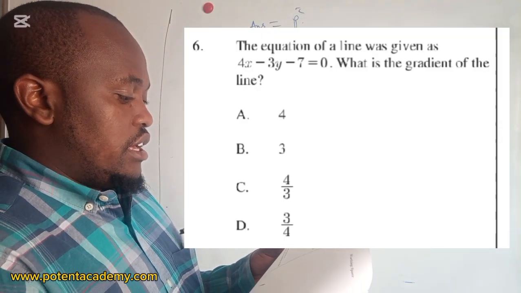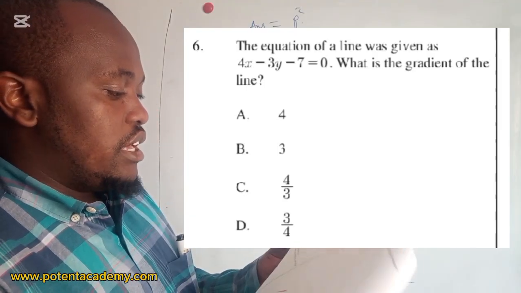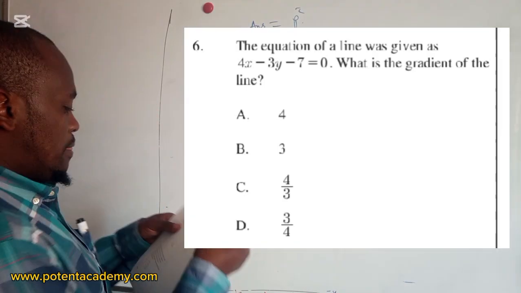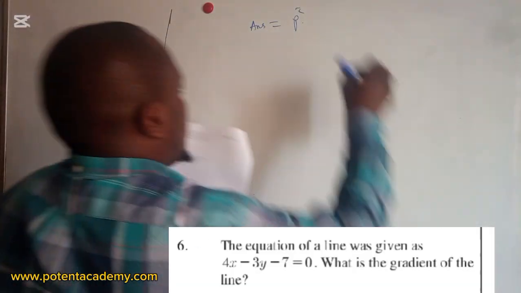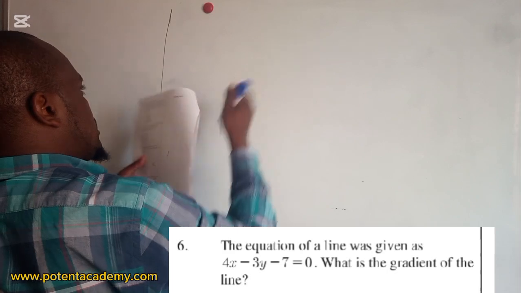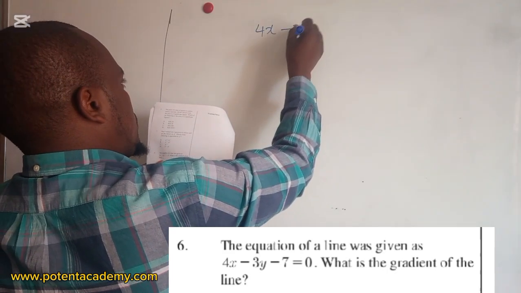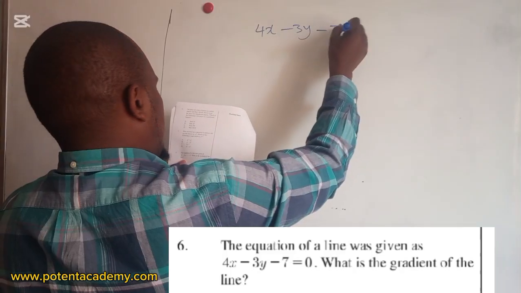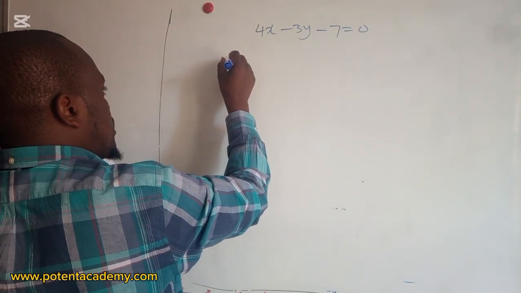The equation of a line is given by, this is another topic you need to learn. The equation of a line was given by 4x minus 3y minus 7 equals 0. And you are told to find the gradient.